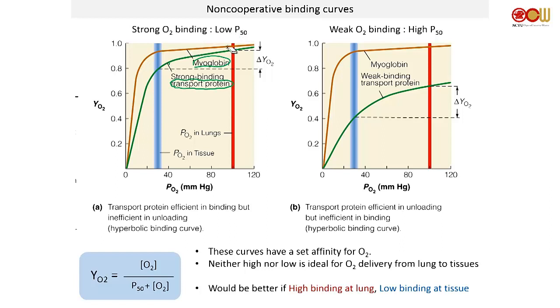In the strong binding one, even though it's still weaker than your myoglobin, you see how the shapes look pretty similar. What you look at is the partial pressure in the lungs, which is about 100, and the partial pressure in the tissue, which is about 30. We want to use this difference in partial pressure of oxygen to carry the oxygen from the lung to the tissue.